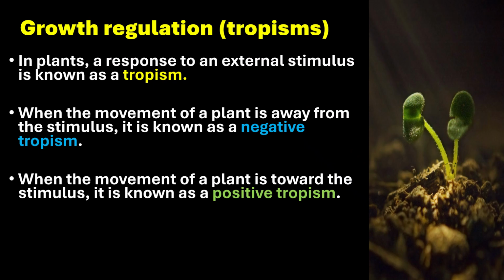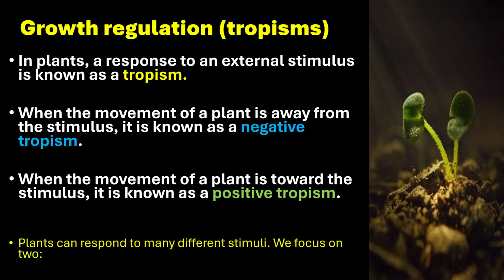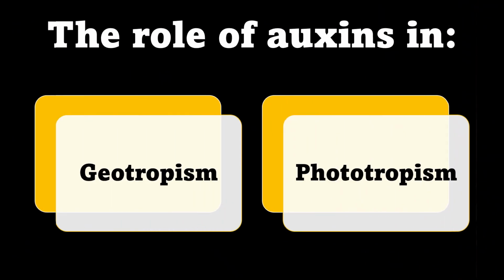We're going to know the name of that tropism. If plant move away from light, it is a negative phototropism. So plant can respond to any stimulus, but then we are going to focus on only two, and they are geotropism and phototropism.